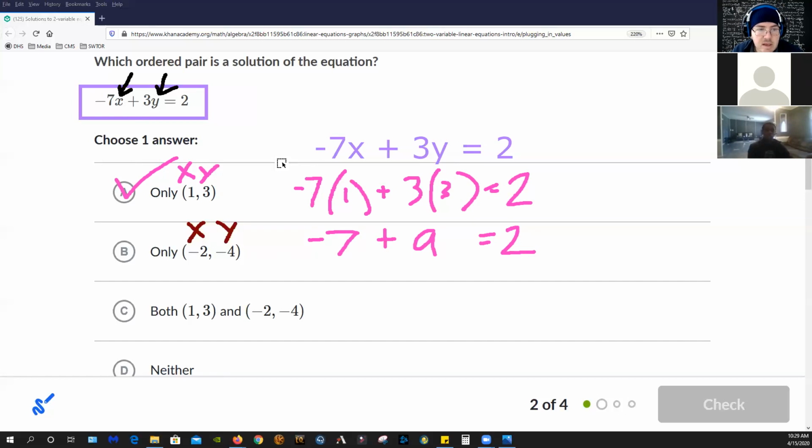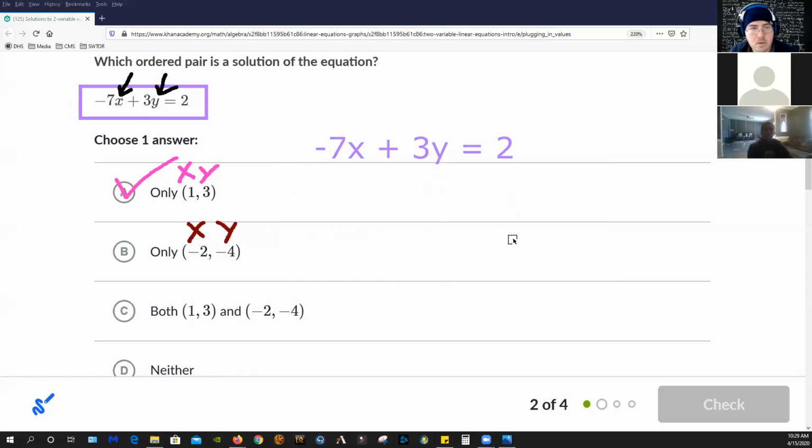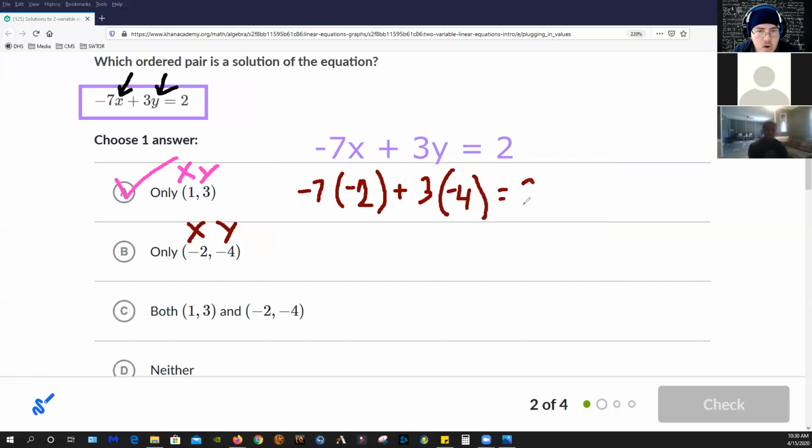Okay. Well, let's test the other one. So we're going to do the same mechanics. I'm going to substitute in this negative 2 and this negative 4. So this would be negative 7 times the x value, which is negative 2, plus 3 times our y value, which is negative 4. And we've got to see if this all comes out equal to 2.